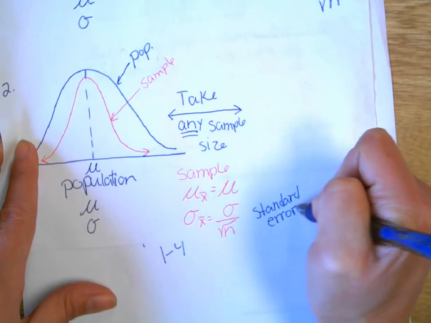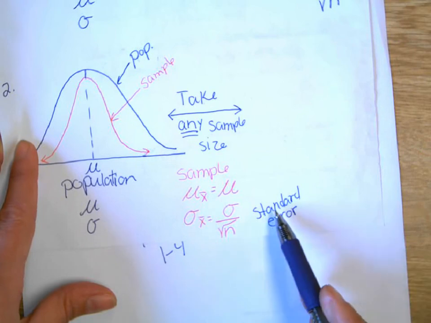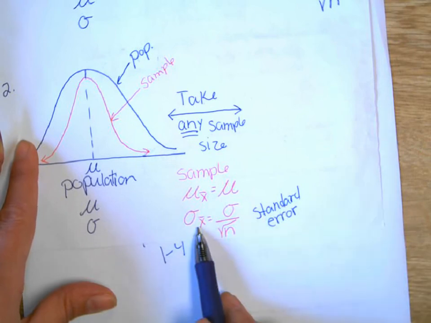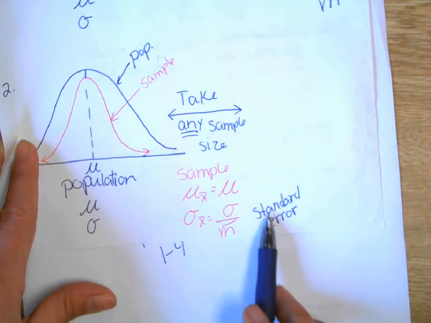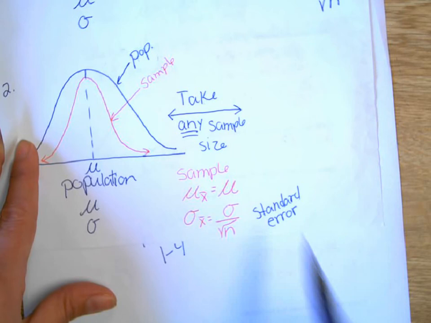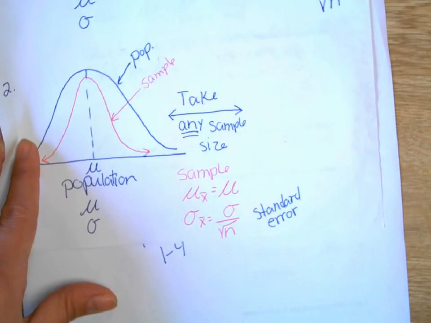When you see standard error, it means it's the standard deviation of the sampling distribution. I keep saying standard deviation of the sampling distribution, and they just give it a new name, standard error. So my six words get limited down to two.